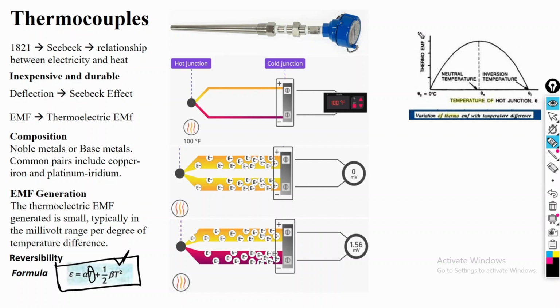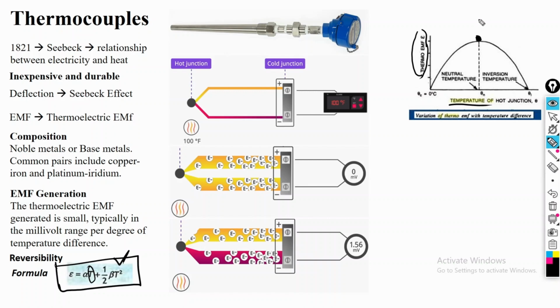On this side we have the thermoelectric EMF, and on this side we have the temperature. If we increase the temperature, the thermoelectric EMF will increase with it, until it reaches a point. Beyond this point, this sort of relation will not be present.